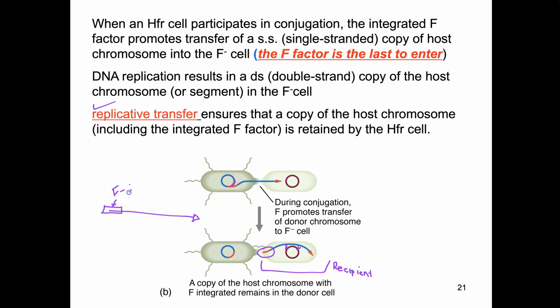So this is where all the genes for making a pilus and regulating the replicative method of getting the DNA into the recipient cell is all encoded. And so this cell, it may change its genotype with regard to some of the other genes, but the F factor kind of stays in the donor cell only, and the recipient cell remains a recipient cell.